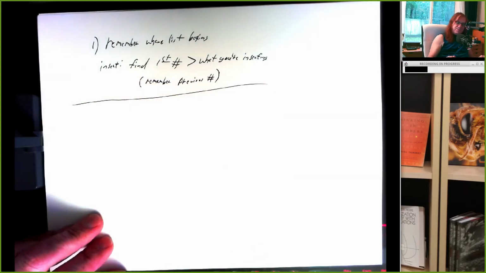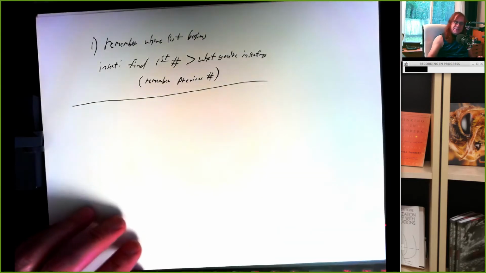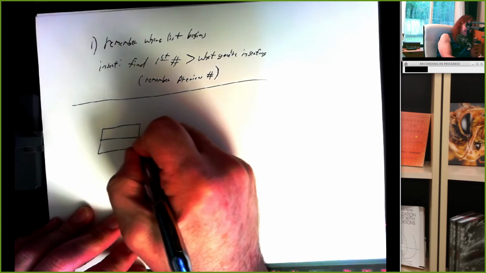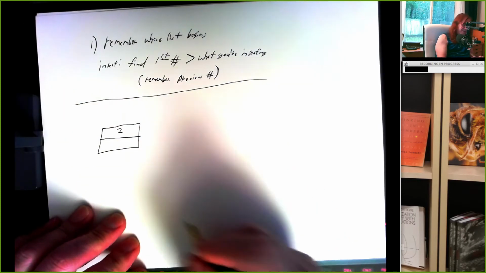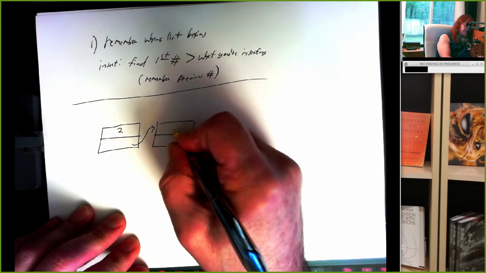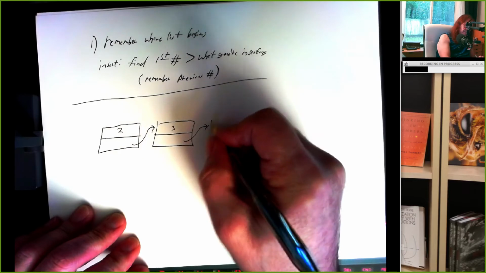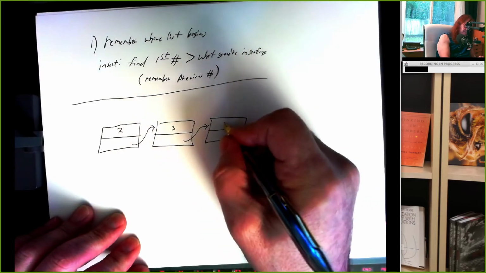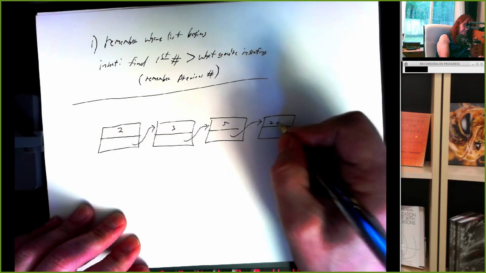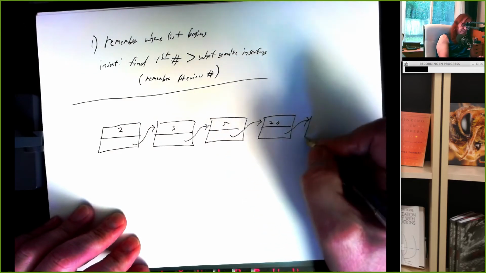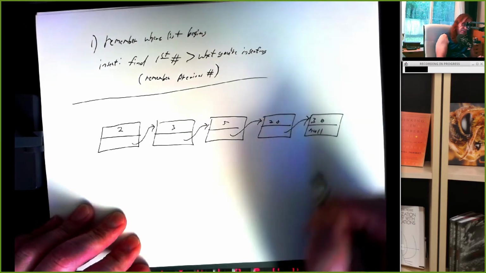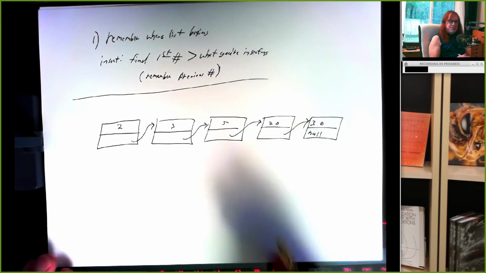But let me show you a picture of what this linked list might look like. So typically we draw a box, and we have our data, and then we have a pointer to the next thing in our list. And then this last one, if this is the last thing in the list, we'll just write a null down there.